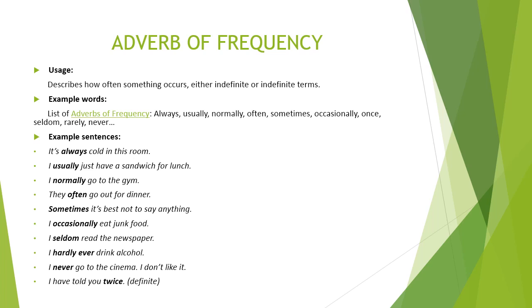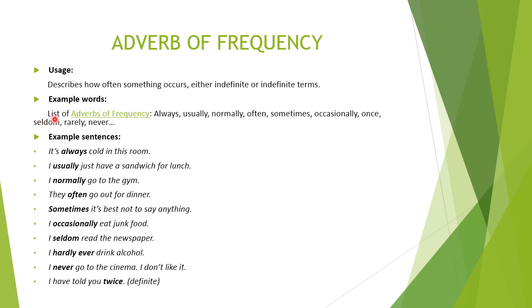Okay. So we would start adverb of frequency. Basically, what do you understand by the word frequency? Frequency means always, often, usually, normally, sometimes, occasionally, seldom, hardly ever, never, twice. So these are all adverbs of frequency. Let's quickly start with the definition. Describes how often something occurs, either in indefinite or definite terms.